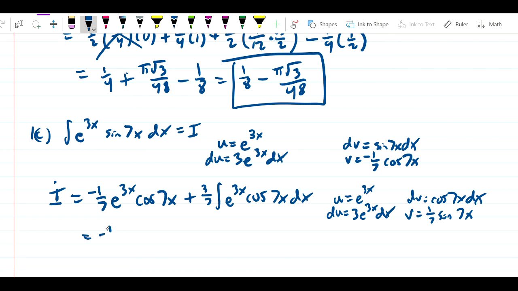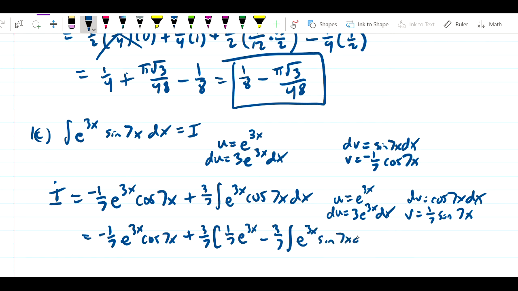So this is equal to negative 1/7 e to the 3x cosine 7x plus 3/7, and now we do the whole integration by parts again. So that comes out to 1/7 e to the 3x sine 7x, and then minus 3/7 times the integral of e to the 3x sine 7x dx.